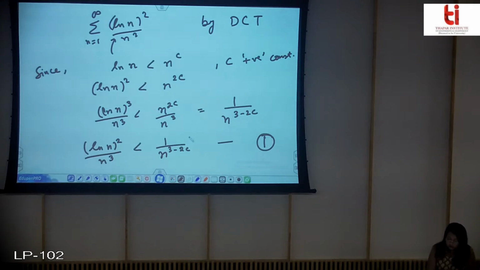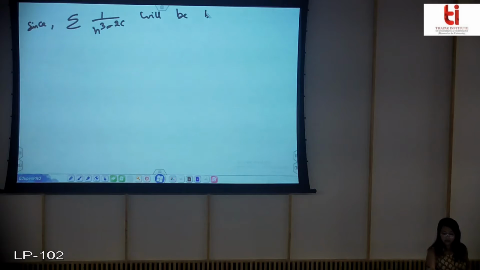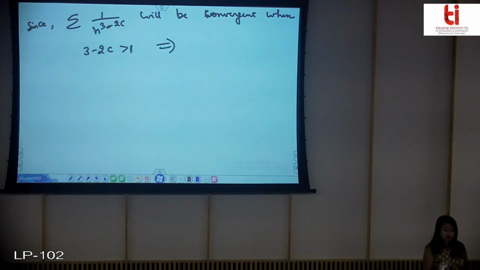Now this series will converge by the P series test if this is greater than 1. We know that it will be convergent when P is greater than 1. You have already proved this, that this will be convergent if this is equivalent to P, and if P is greater than 1, then this series will converge.